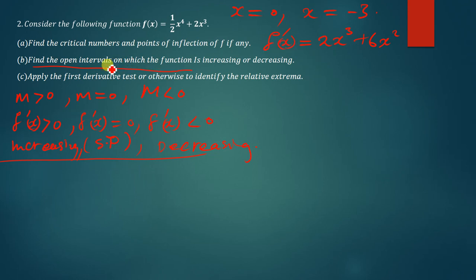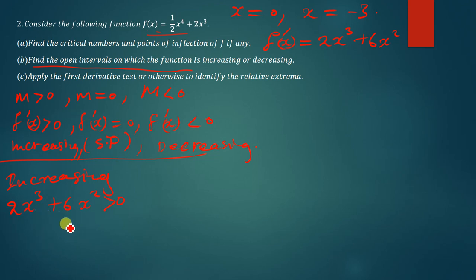So if we start with the increasing part, when the function is increasing, I know this gradient function should be greater than 0.